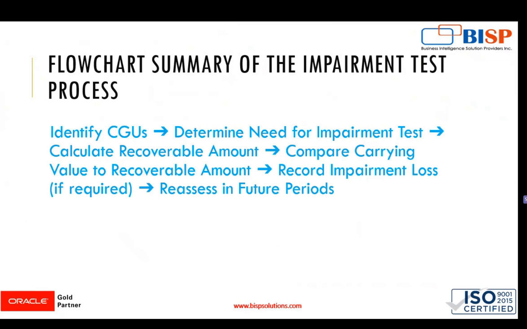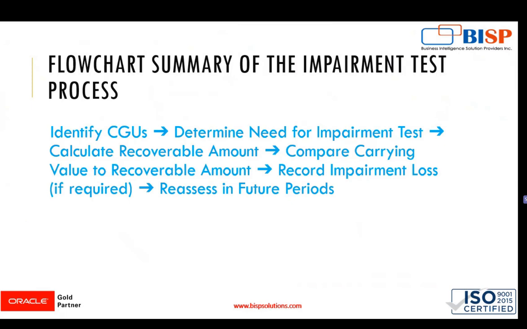If we want to make a summary of the impairment test process, in brief, first we have to identify CGUs, then determine the need for an impairment test, then calculate the recoverable amount. After that, we compare the carrying value and recoverable amount.